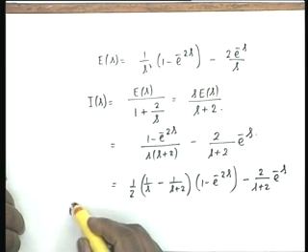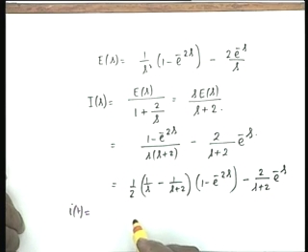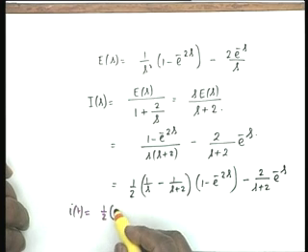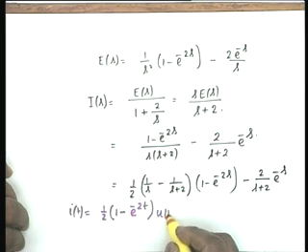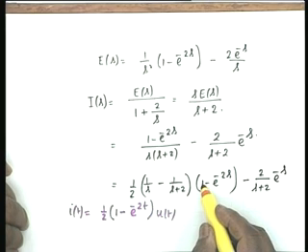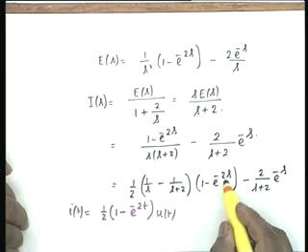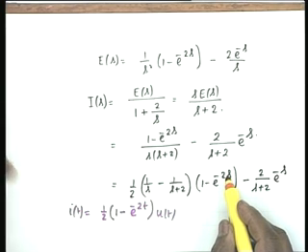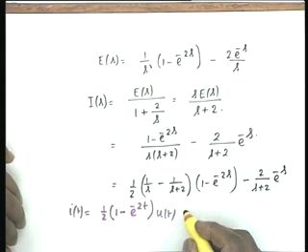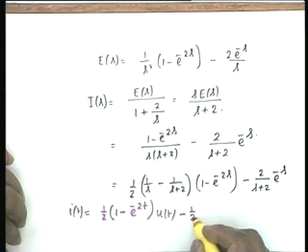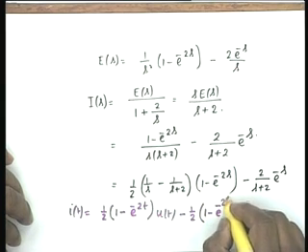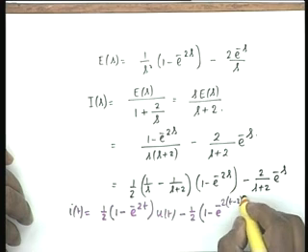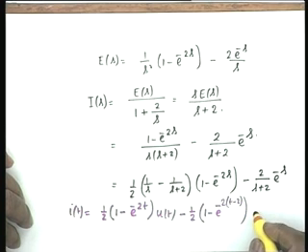I of t will be equal to half 1 minus e to the minus 2t u of t. This takes care of this factor. Then I multiply by e to the minus 2s, so t will be replaced by t minus 2. That would be minus half 1 minus e to the minus 2 t minus 2 multiplied by u of t minus 2.